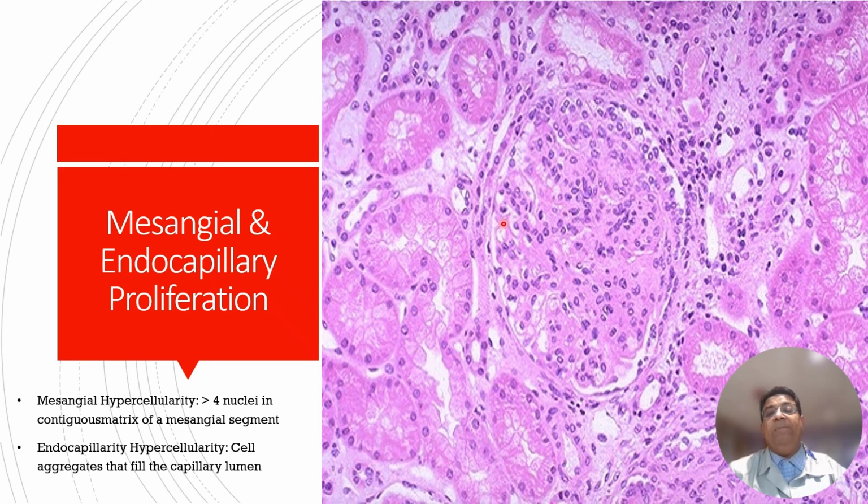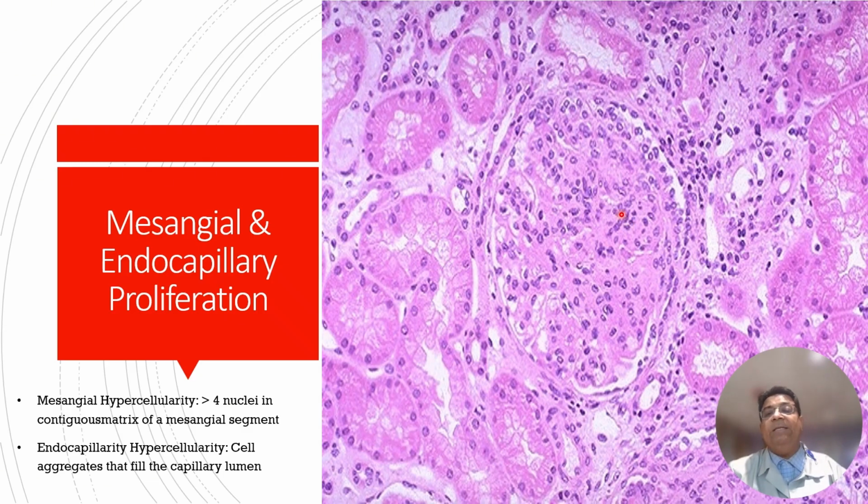This is a glomerulus with lots of proliferation. As you can see, all the capillary loops are full of inflammatory cells. You cannot see any of the lumens, which would be white on this H&E stain. And the mesangium is also proliferating.